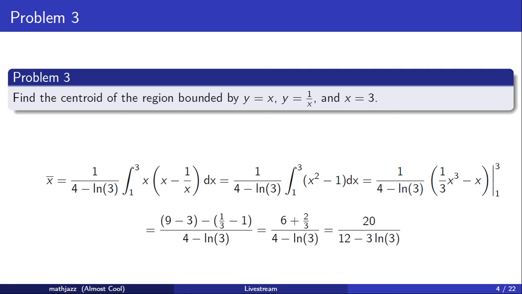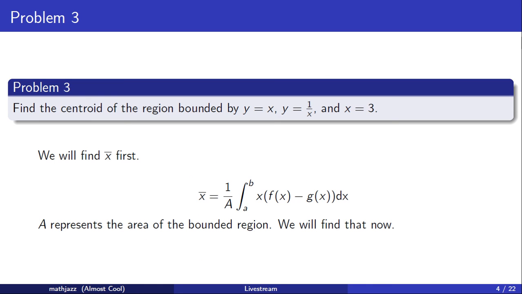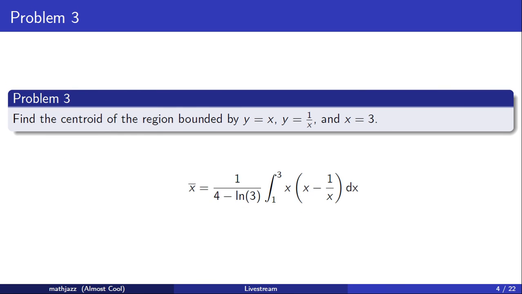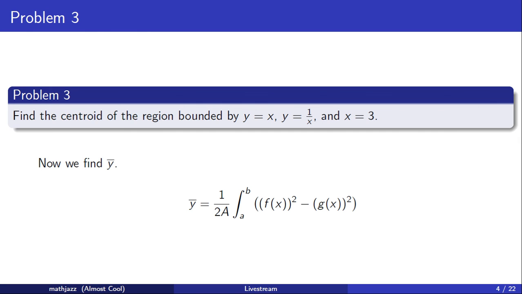And y bar is going to be a different formula. Notice, our x bar formula looked like this. It was x times the difference of f and g as the integrand. The y formula looks like this.